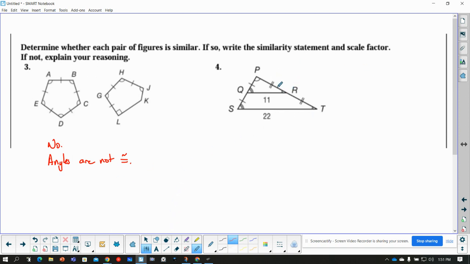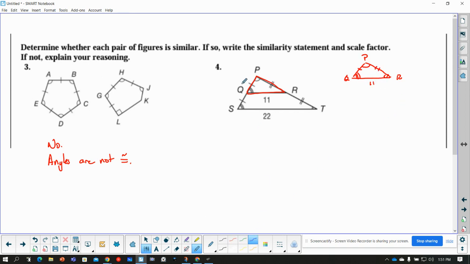All right, now this one, let's just try this out here. Since these triangles are sitting one on top of the other, I'm going to take this one and put it up here. P, Q, and R. I've got this and I've got this, and there were two arcs there. And this and this, and then this is 11.